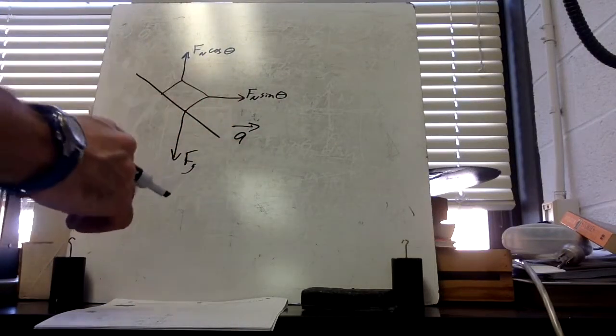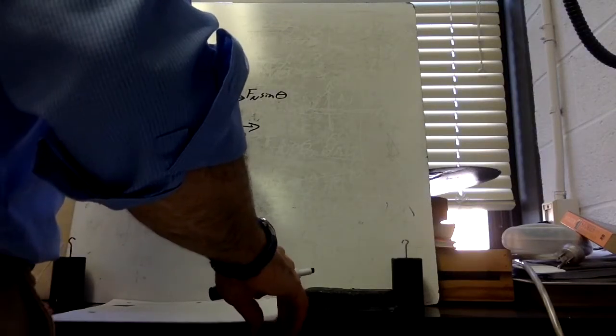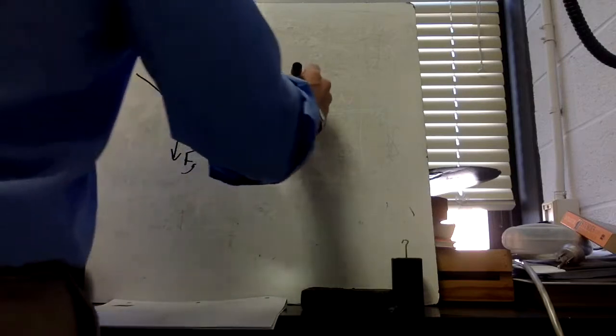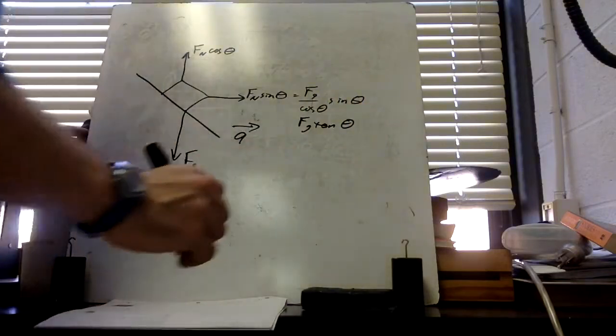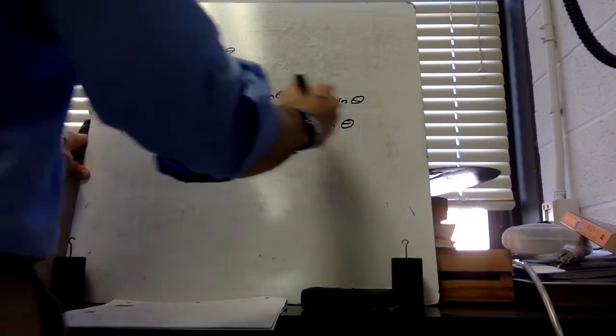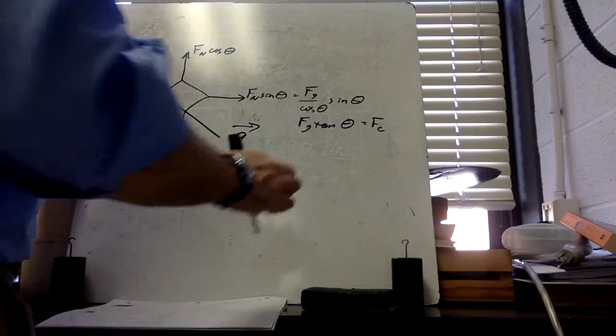Now, what is this here? Keep in mind that Fn is Fg divided by cosine theta. And so then this ends up being Fg tangent of theta. And so then this is the centripetal force. Now notice Fg is just mg, so mg tangent of theta is Fc.